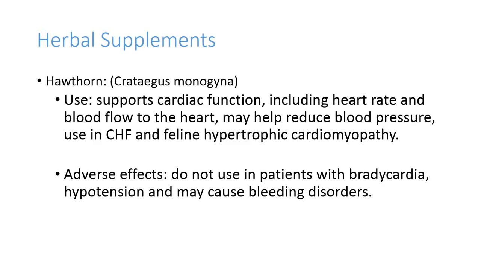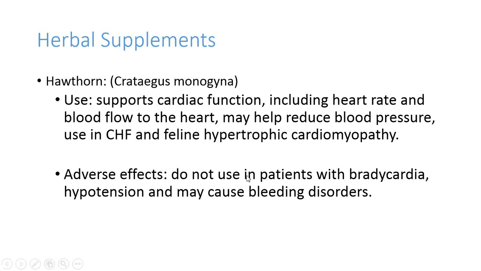Hawthorn. I use a fair amount of hawthorn in my dogs and cats. It's used to treat heart failure. Hawthorn supports cardiac function, it makes the heart beat more effectively. It may help reduce blood pressure. It also has a diuretic effect.